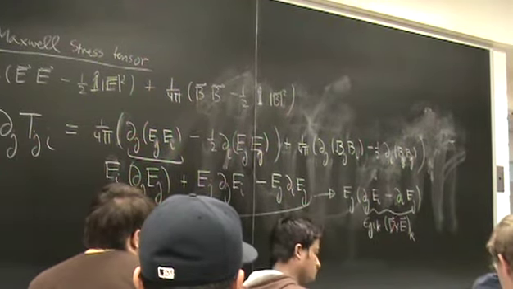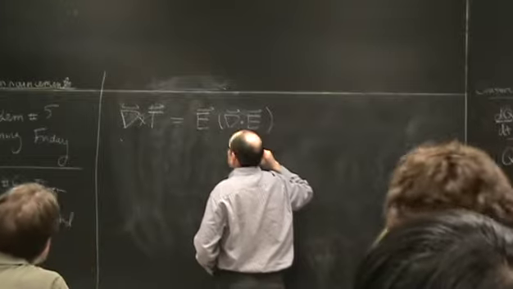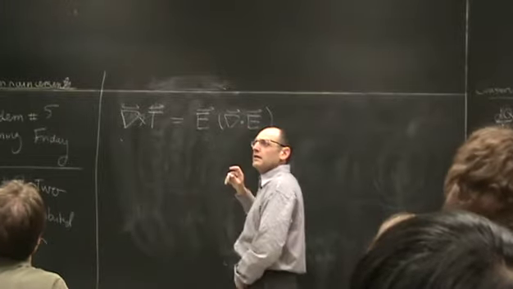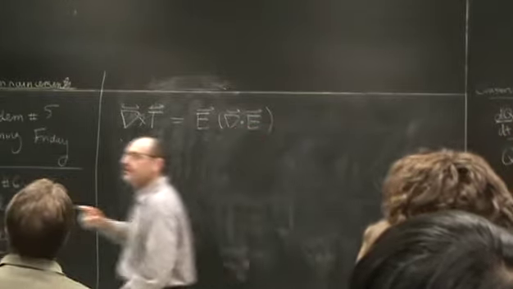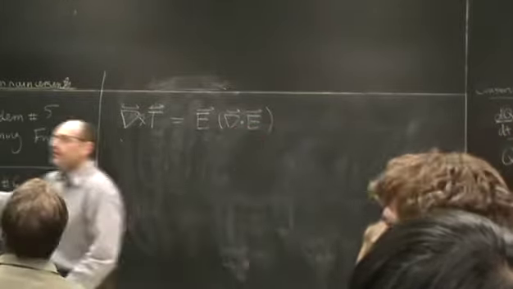This is going to be E times the divergence of E. That's the divergence, not the curl of the tensor. Yes, that's the divergence, thank you.